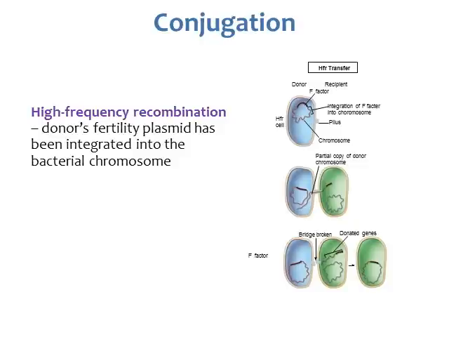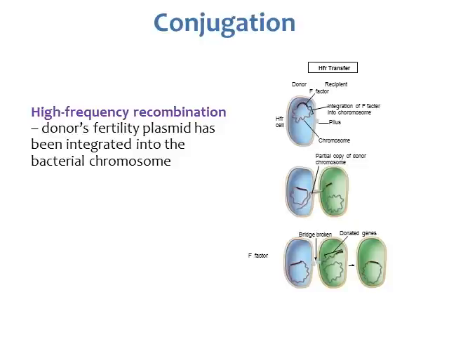One type of conjugation is called high-frequency recombination. This is when the donor's fertility plasmid has been integrated into the bacteria chromosome. So instead of a plasmid being passed through the sex pilus, you can actually pass a bigger part of the actual chromosome from the donor cell to the recipient cell.